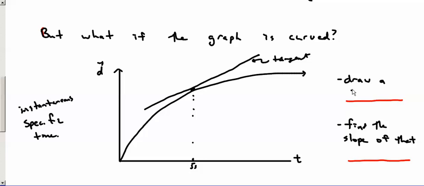So I should draw a tangent, and then I should find the slope of that tangent. That will give me the instantaneous velocity at the time 5 seconds.